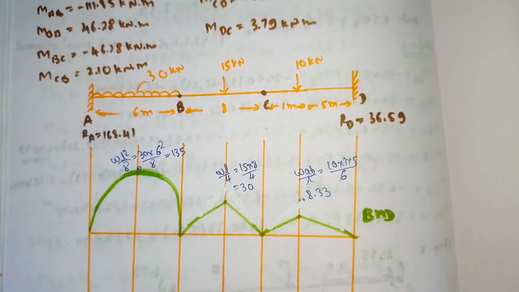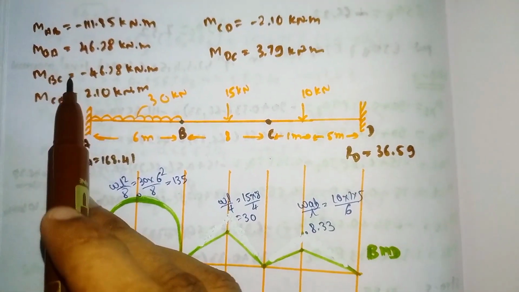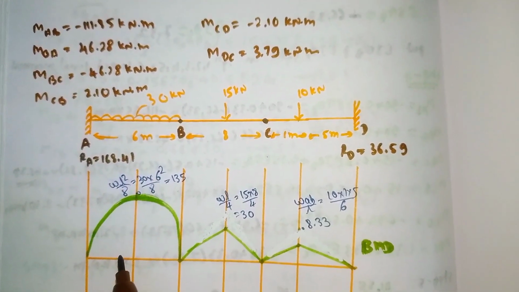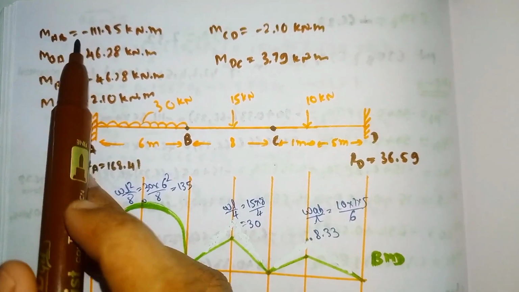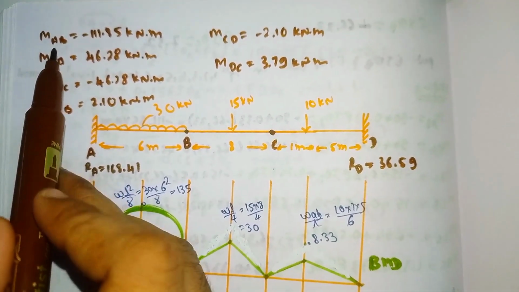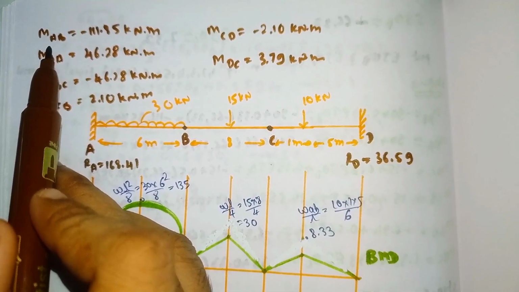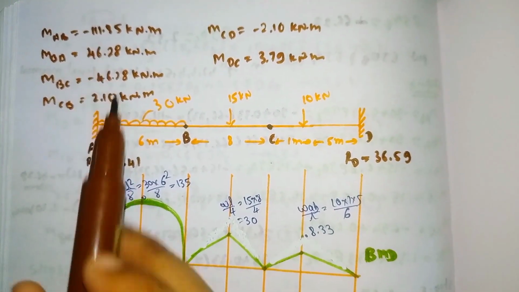So we'll draw the net bending moment diagram. For that, by using the values of the final moments, we'll draw the net bending moment diagram. So see here, our MAB value is minus 111.85. We always need to see the first point. Here the first point is A, so at point A minus 111.85.